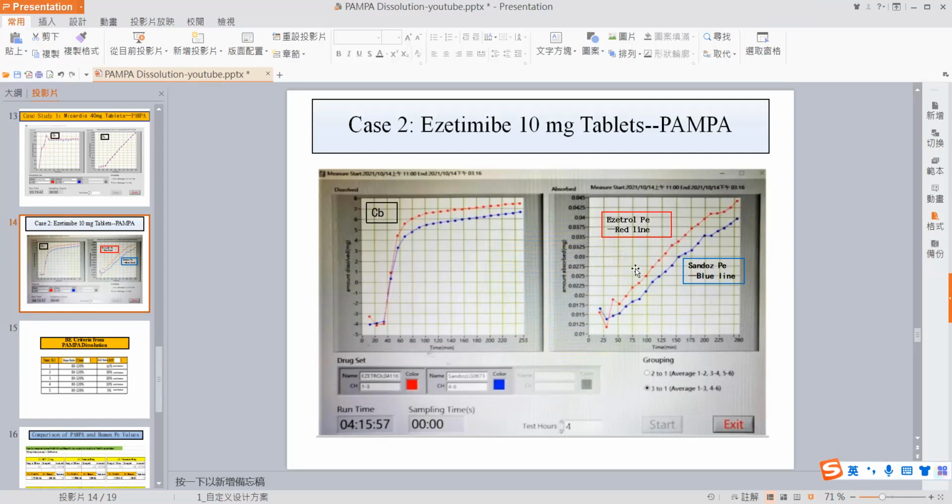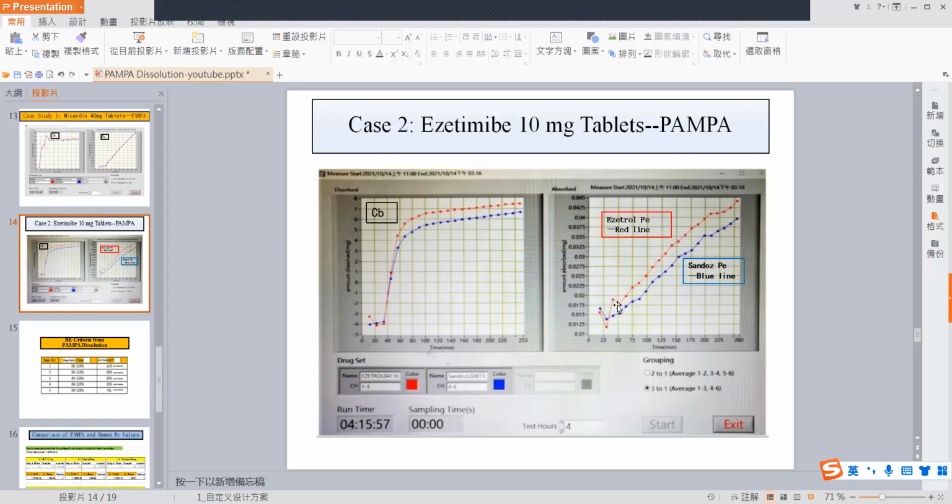However, for the AUC, how you're going to do that is really simple. The red line AUC means the area under the red curve. So you can do a triangular integration of the red versus a triangular integration of the blue, right? So we can compare the area.